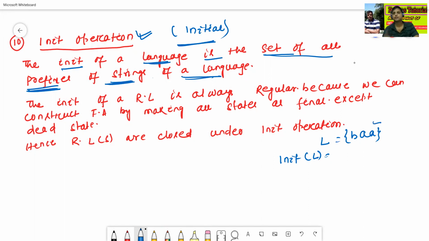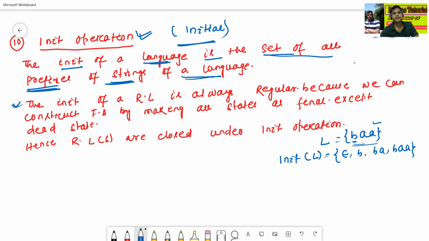This language contains only one string, so all prefixes of the string are epsilon, B, then BA, then BAA. The set of all prefixes of strings of a language is called the initial operation, or init operation.